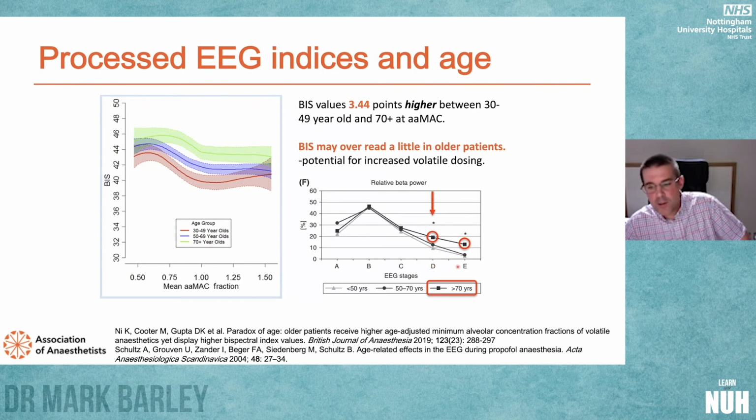D is adequate anaesthesia, E is deep general anaesthesia. They've demonstrated here that these older groups are producing a higher beta power than the younger patients, which is consistent with what I showed you at the beginning. The aging brain produces a different array of brain waves in response to general anaesthesia, which can confuse our monitors.